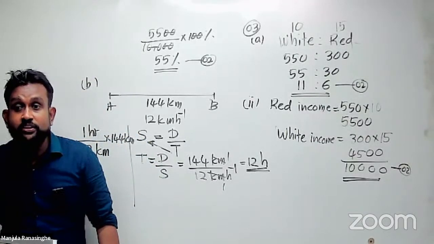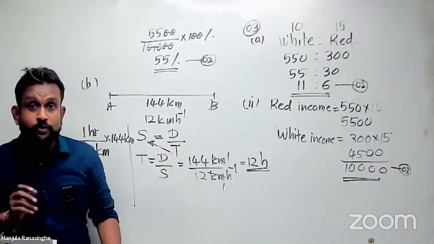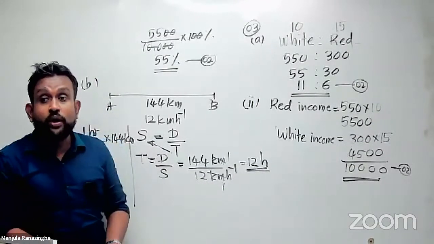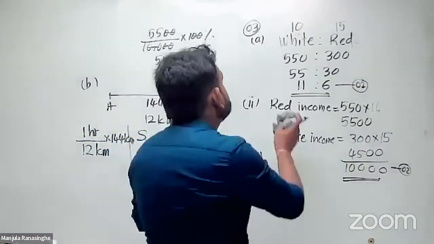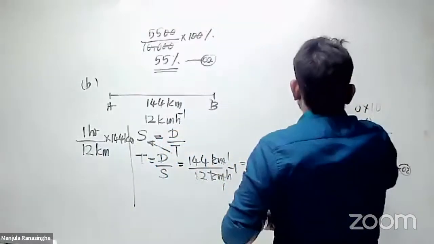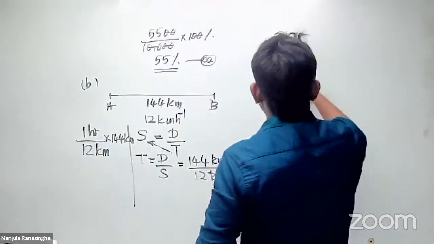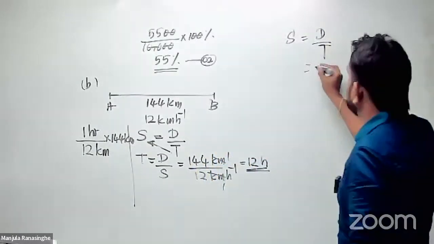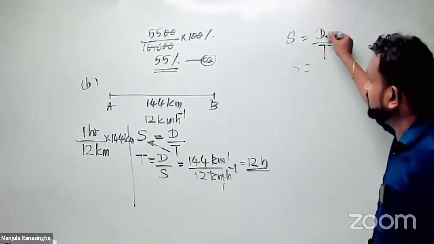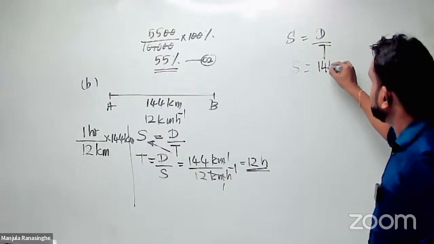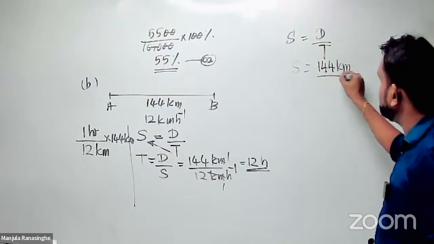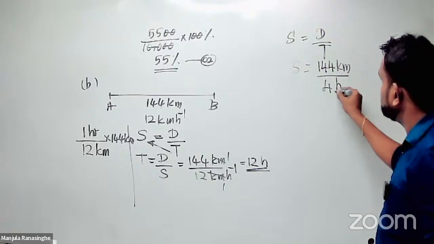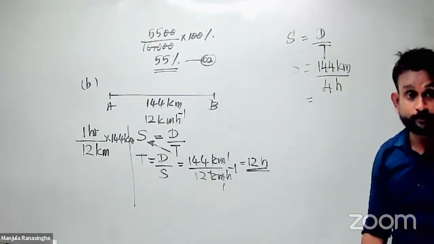Last one. Calculate the speed of a cyclist who travels from city A to B in 4 hours at uniform speed. Now the time is given and the speed is asked. So speed equals distance over time. Remember this equation. Distance traveled is 144 kilometers. What is the time taken? That is 4 hours. Divide by 4.